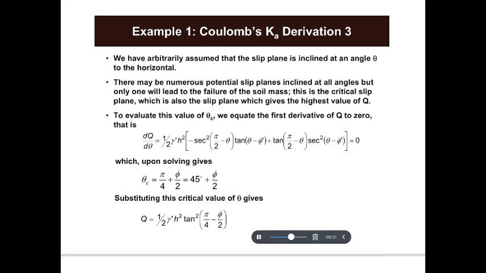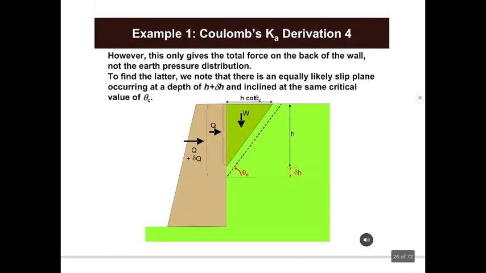And finally, it will give theta c equal to 45 degrees plus phi over 2. We substitute this theta c into Q, and then you will get Q equal to half times gamma prime times h power 2 times tangent power 2 in bracket pi over 4 minus phi over 2.